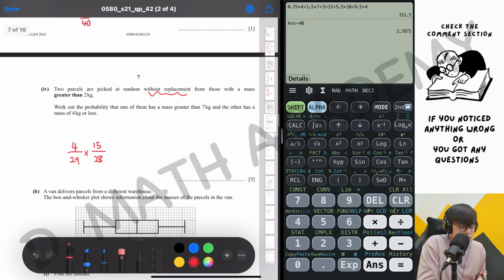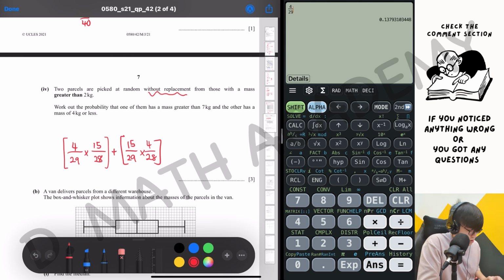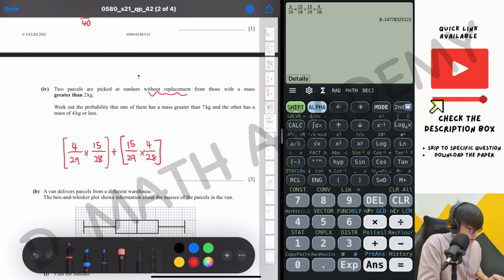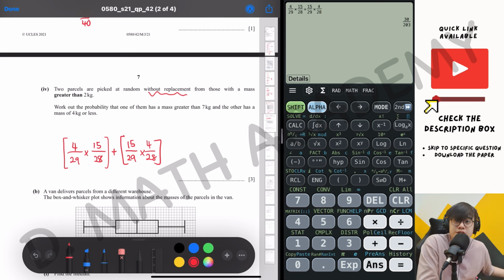Okay, this is just scenario 1, and please remember you still have to add, let's say, the 4 kg or less first, followed by 28. So you should get your answer as 30 over 203.